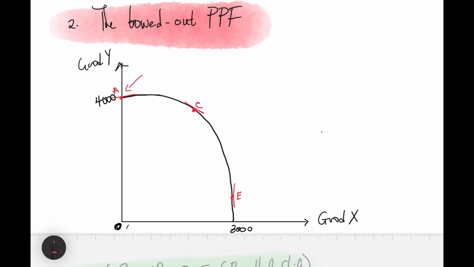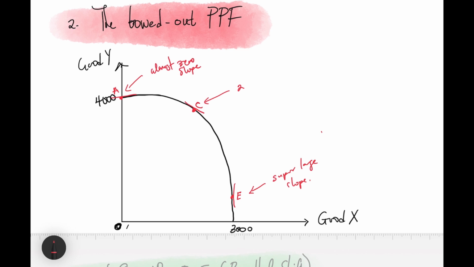The slope here is almost 0, and then the slope here at point C gets bigger, let's say 2, and then the slope at E is super big, a super large slope.